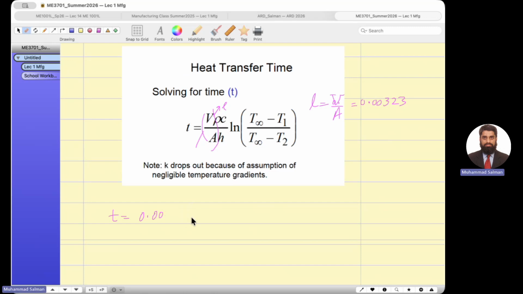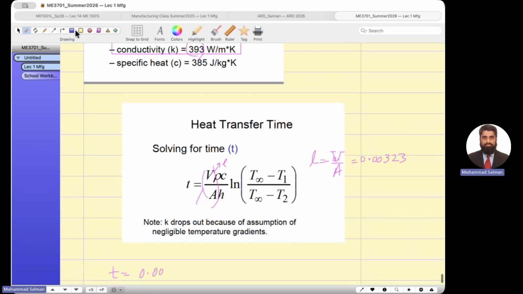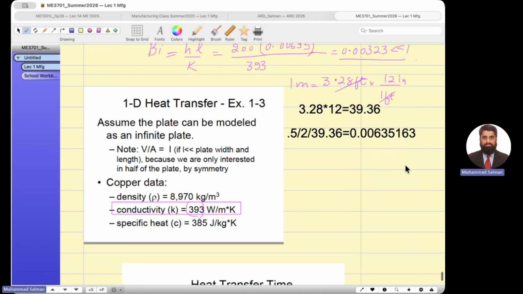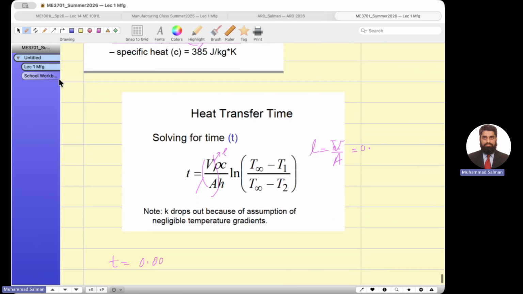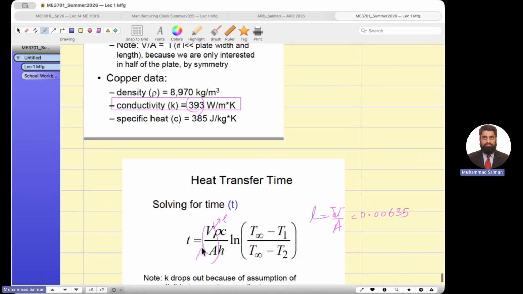I'm sorry, this is not the Biot number. This is the characteristic length, 0.00635. So have you understood my point? The characteristic length is 0.00635. Agreed? Density is how much? 8,970.